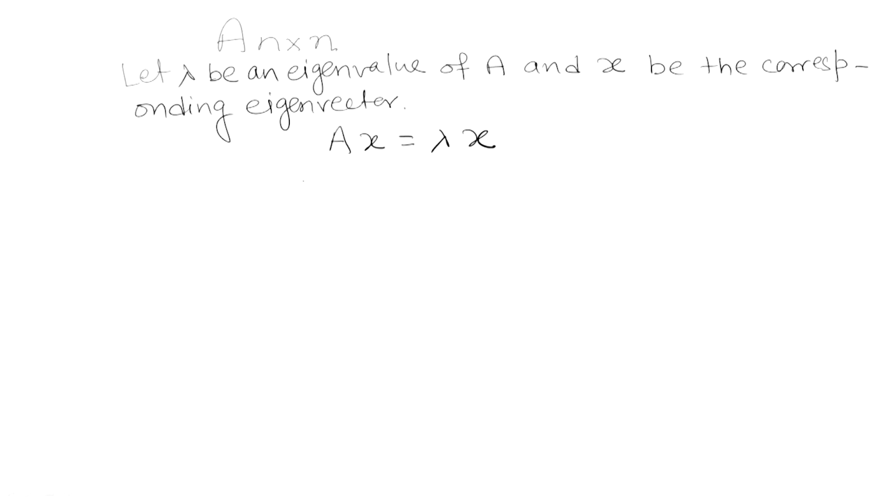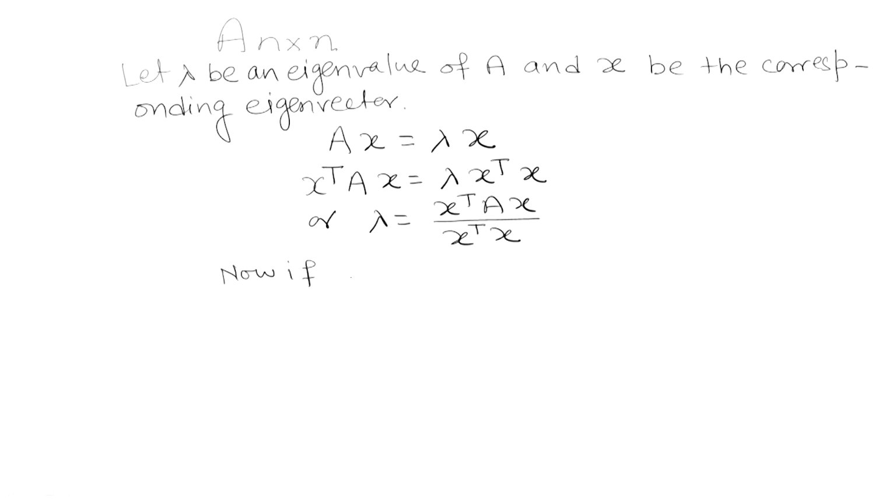Now multiply both sides by x transpose. So x transpose A x will become lambda x transpose x, or I can write lambda equals x transpose A x upon x transpose x. Now if lambda is positive, this means x transpose A x upon x transpose x is positive.